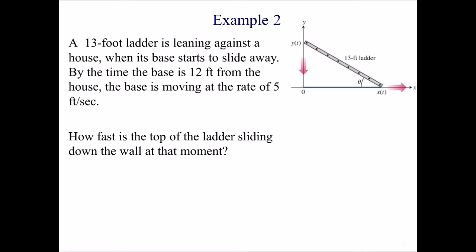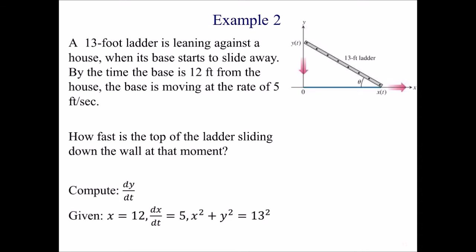So the first question I want to look at: how fast is the top of the ladder sliding down the wall at that moment? In other words, we're interested in computing dy/dt. At this moment in time, x is 12, dx/dt is 5. I also have the equation x squared plus y squared equals 13 squared.